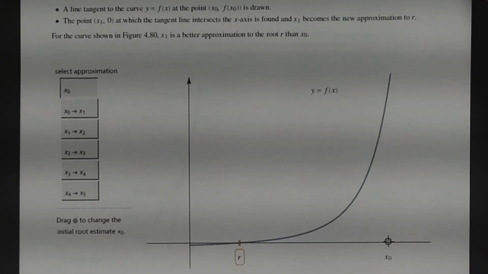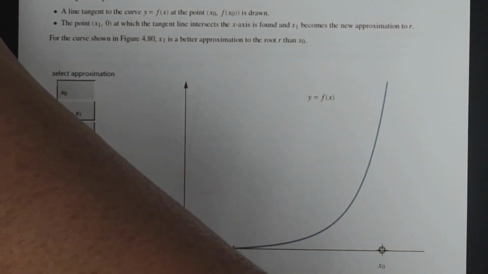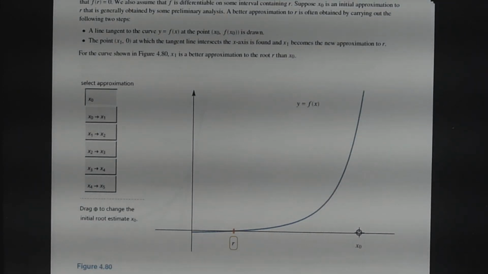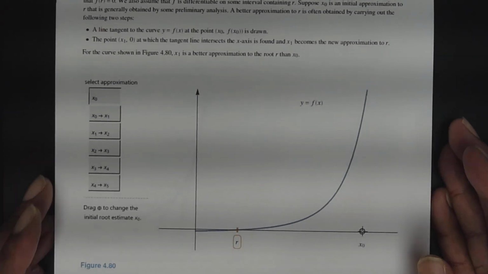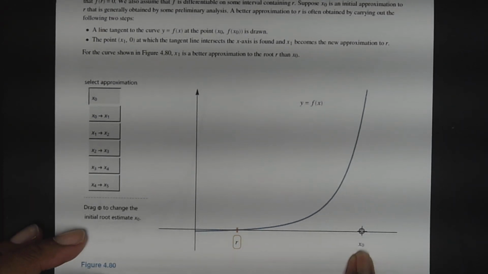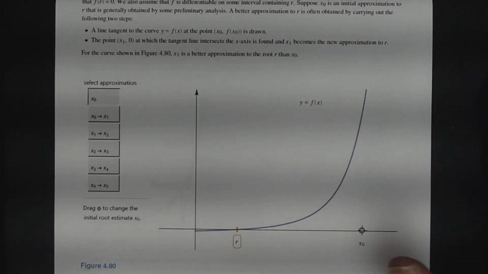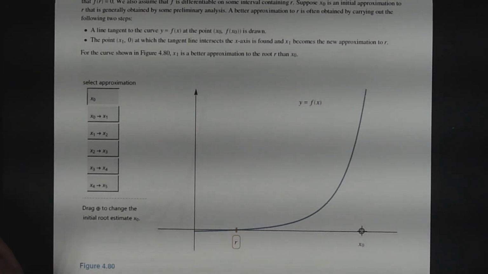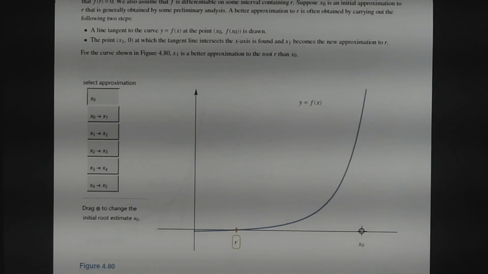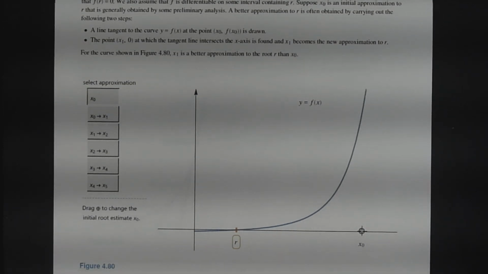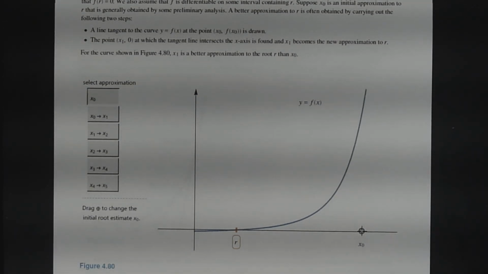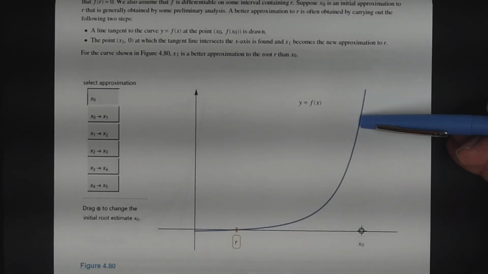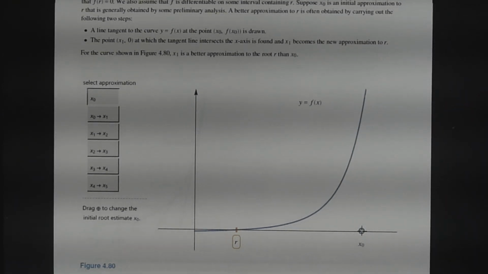So in this case right here, let's say I have this graph of y equal f of x. And let's say here that x of 0 is over here, and we're just picking x of 0 as an initial approximation to R. So what I'm going to do is draw the point that is the y value on the graph of y equal f of x.